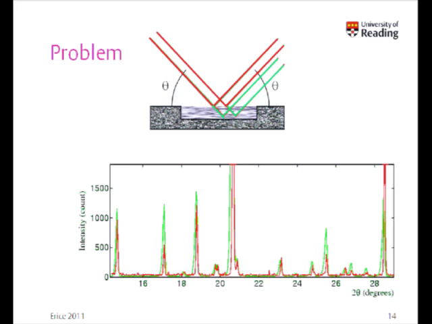And this is called the sample transparency effect. It actually results in the peaks moving substantially to the left and also broadening out as well. And if we're in a situation where line positions are critical for indexing, then this is a problem that we could really do without. And so the default way of simply filling the powder into this ordinary background holder is not really a good one.